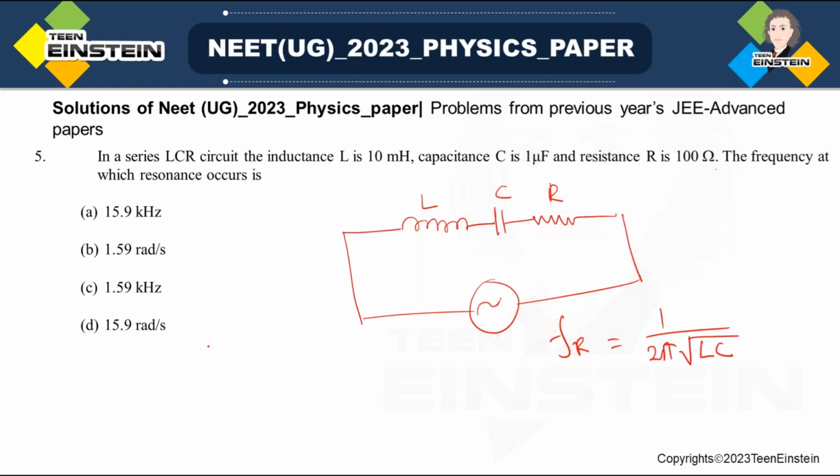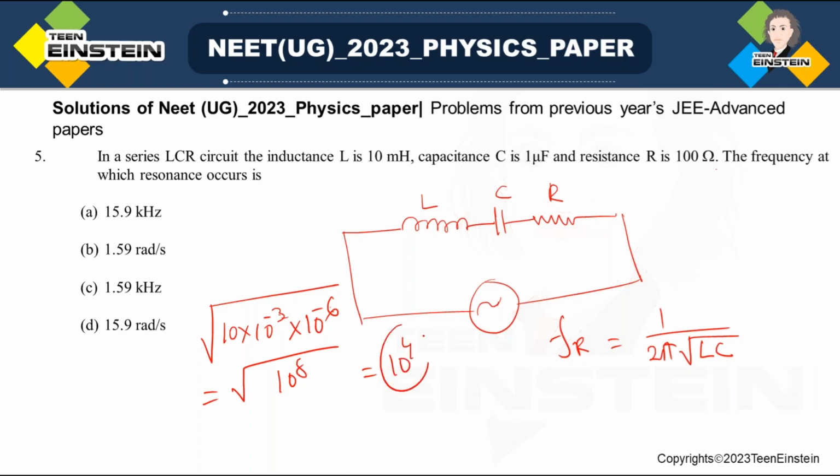See, let us find out what is root over LC. L is 10 millihenry and C is actually 1 microfarad. So this will be 10 to the power minus 8, so root of it will be 10 to the power 4. So 10 to the power 4 is fine.